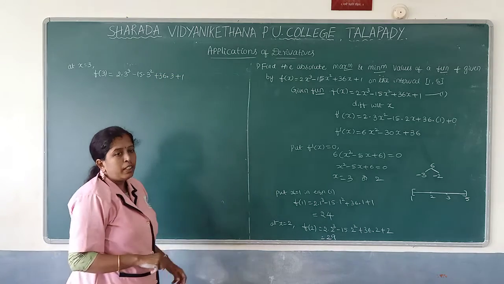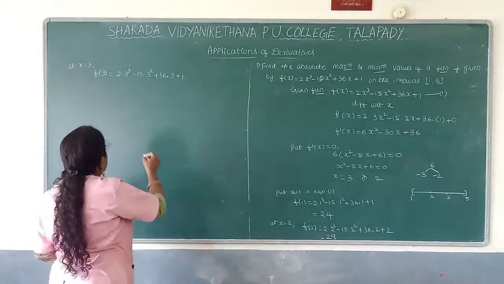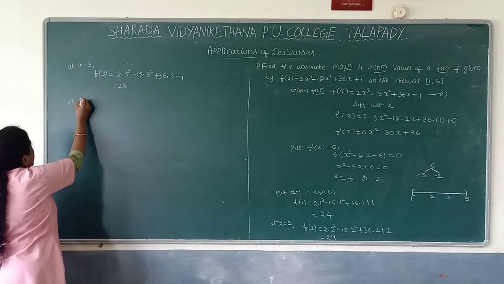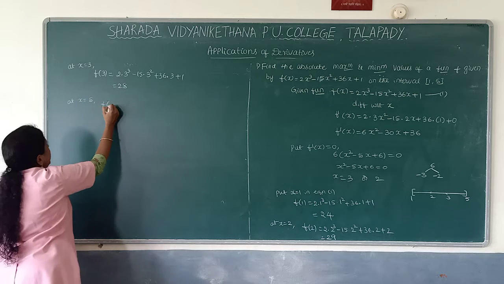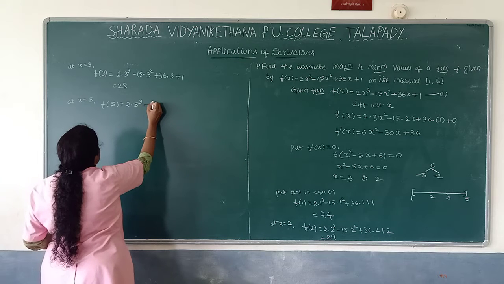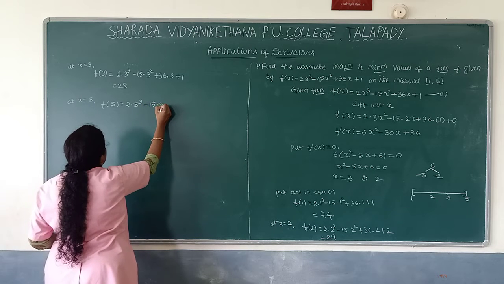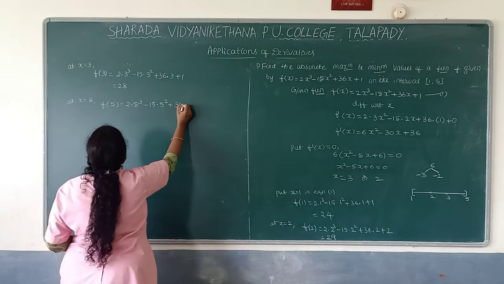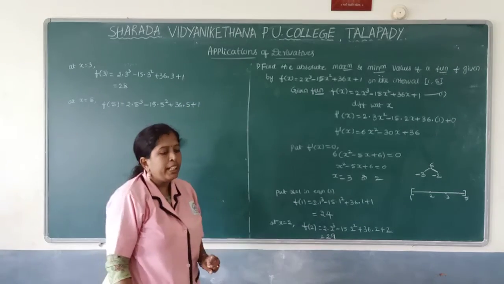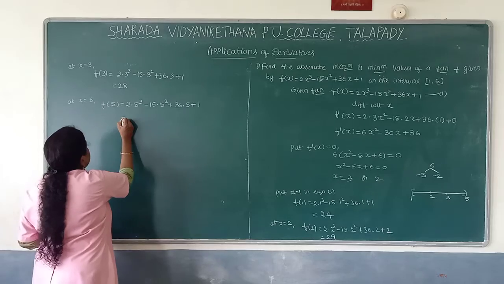After substituting and simplifying, we'll get this value as 28. And the last endpoint is x is equal to 5. Then f of 5 is 2 into 5 cube minus 15 into 5 square plus 36 into 5 plus 1. After simplifying, we get the value 56.